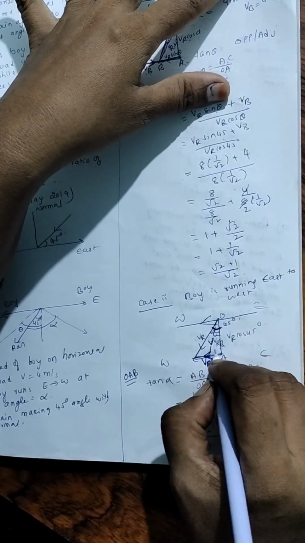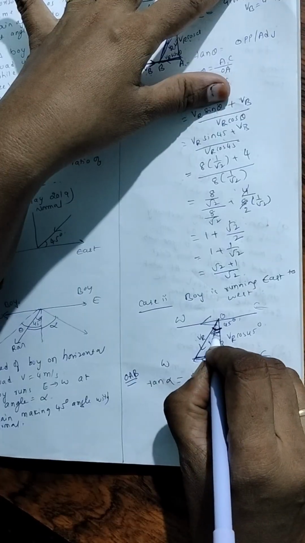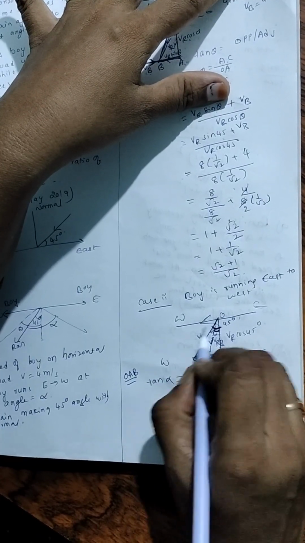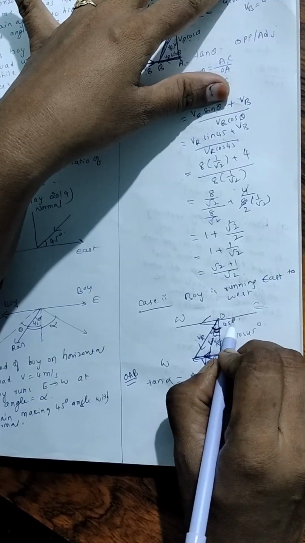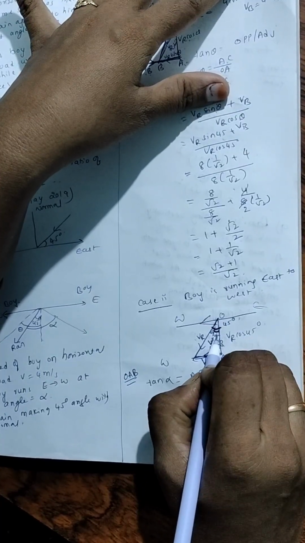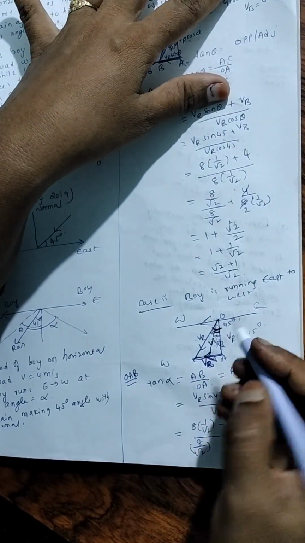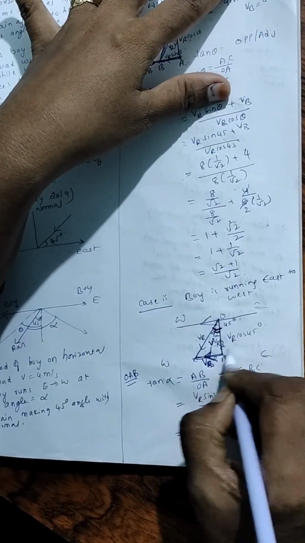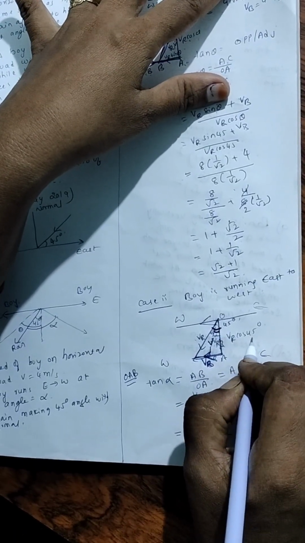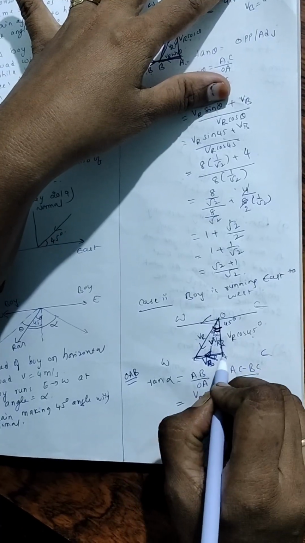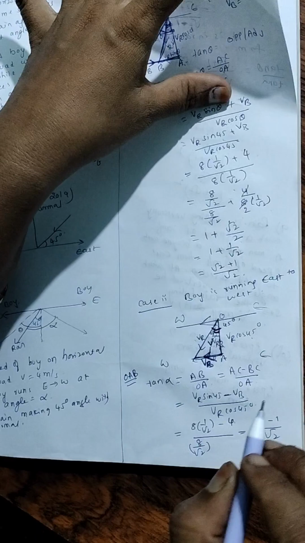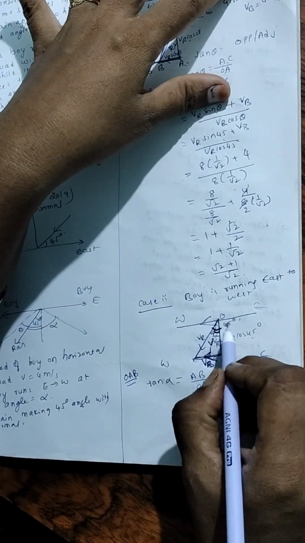And in the problem he said this VRB is making an angle alpha with vertical. We have 45 with vertical, and VRB making angle alpha with vertical. So now this is the angle, no? So this becomes the horizontal component VR cos 45. And this becomes the vertical component VR sin 45. Tan alpha.